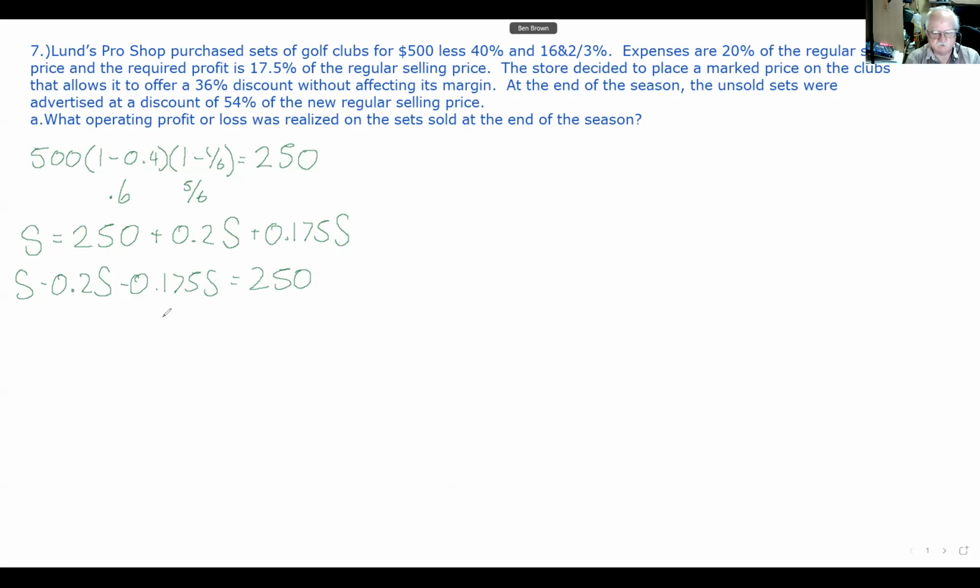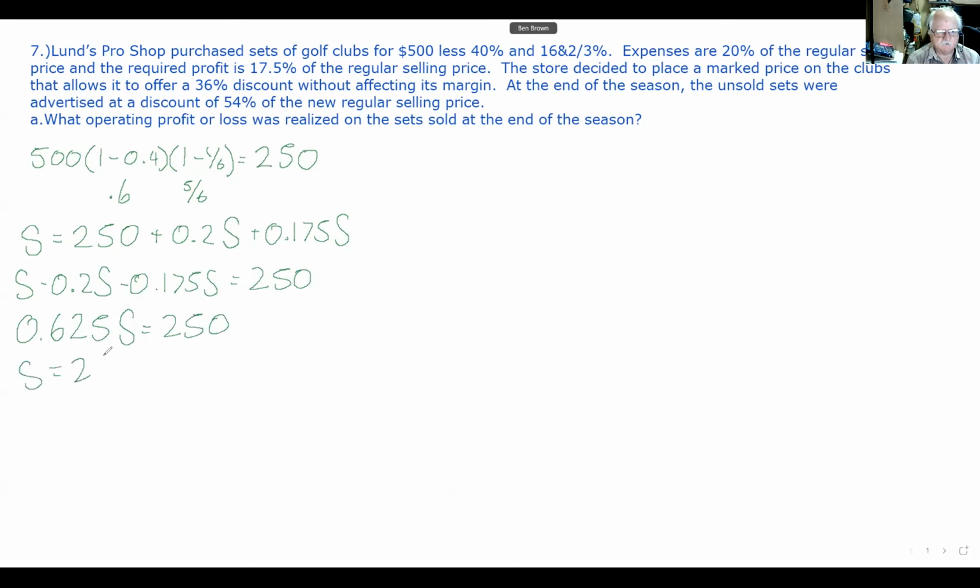So how many S's do we have left? 1 minus 0.2 minus 0.175. We have 0.625 S still equal to 250.